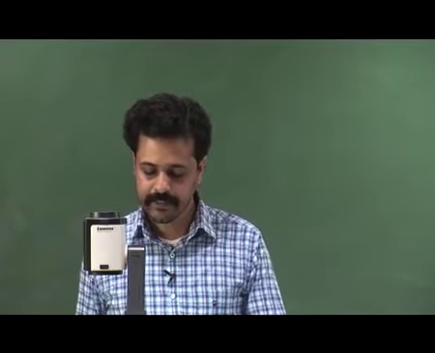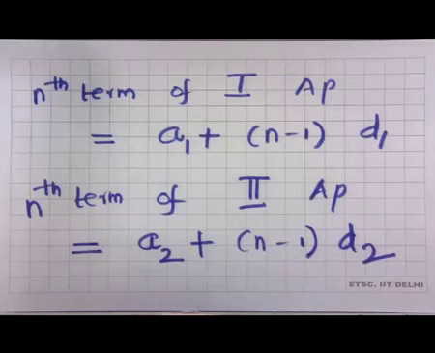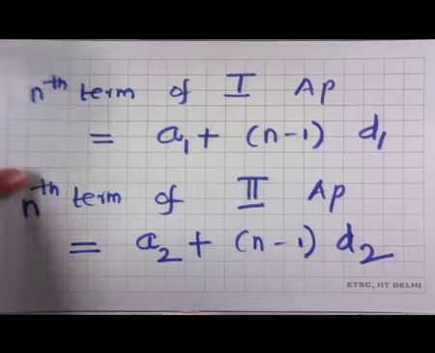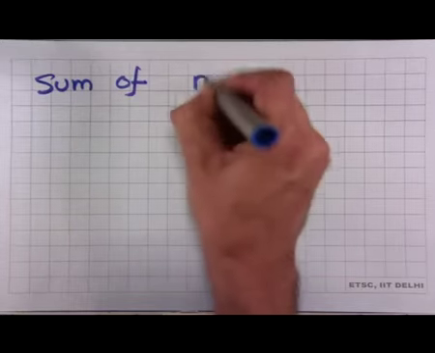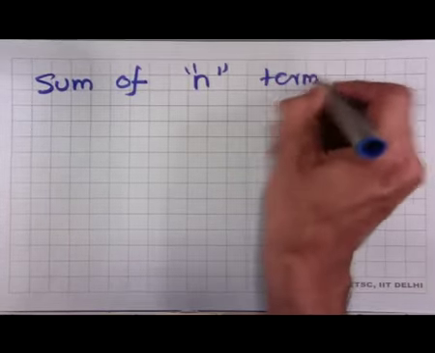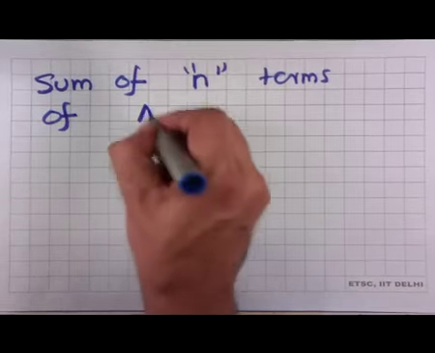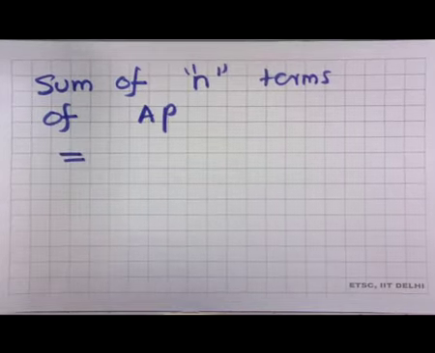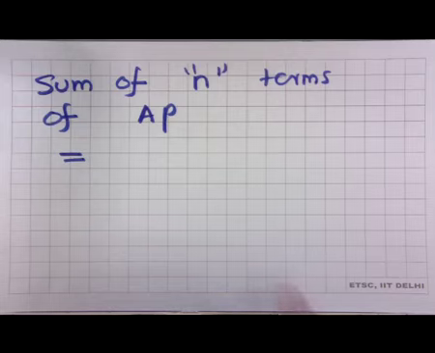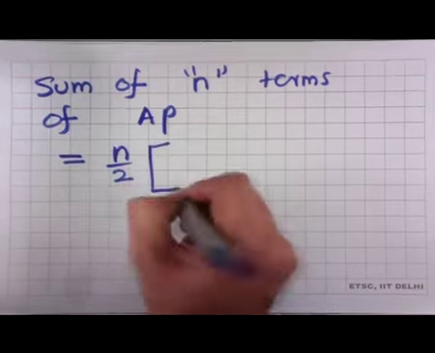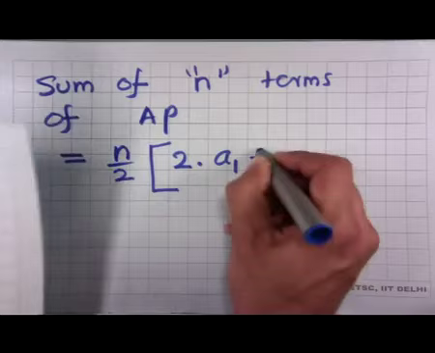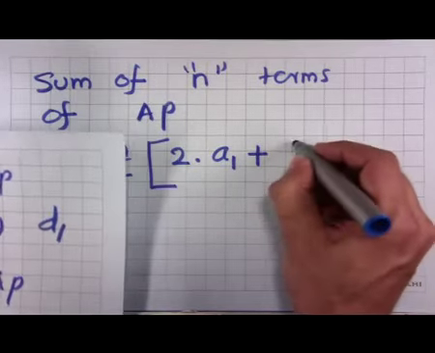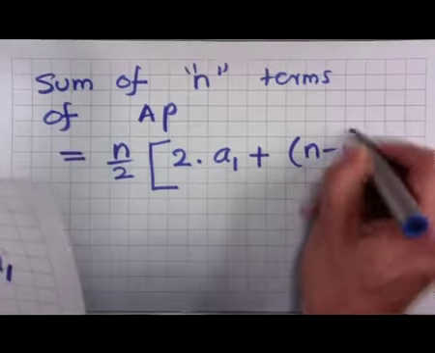Now, what is given to us is the ratio of sum of n terms of 2 APs. Recall that the sum of the first n terms of an AP is given by the formula n by 2 times the first term plus n minus 1 into common difference.